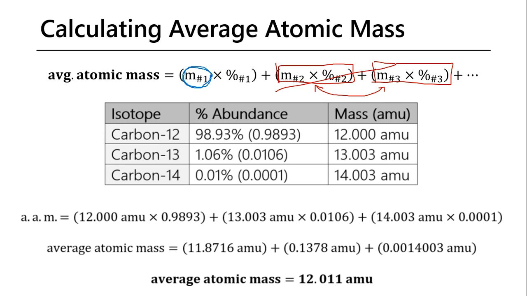And then get it off of this side and subtract it out of the average atomic mass. So you end up with a much smaller number over here, and these guys go away. So clean up as much as you can first. Then, once you've got all that taken care of, we can divide away this percent as a decimal from both sides and be left with just the mass here.